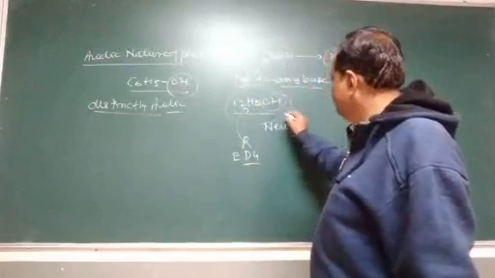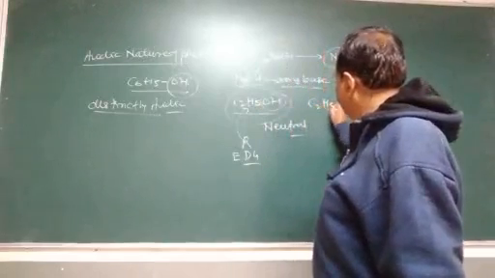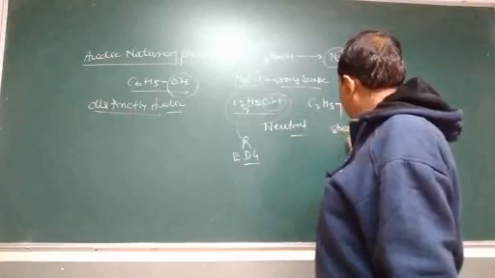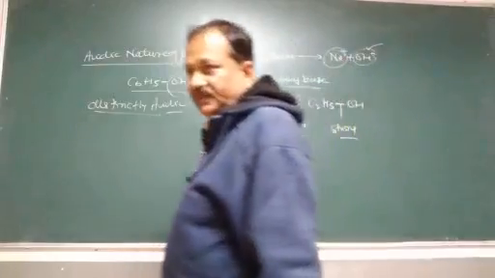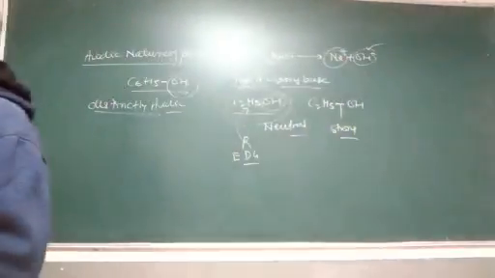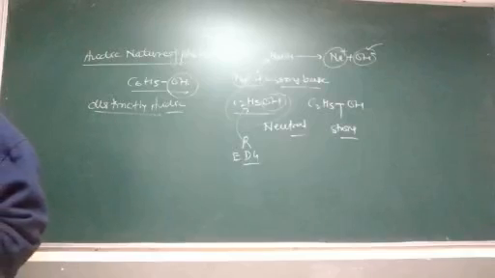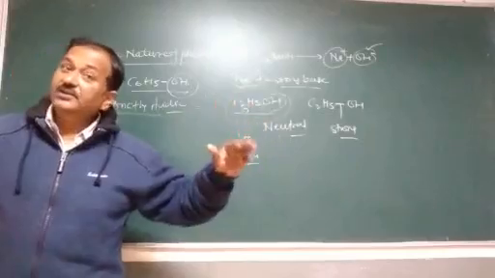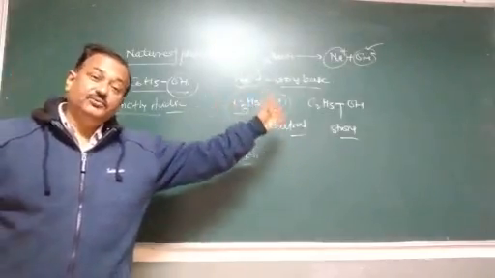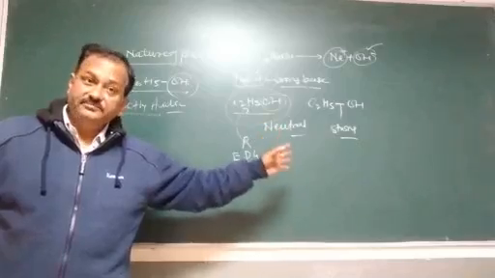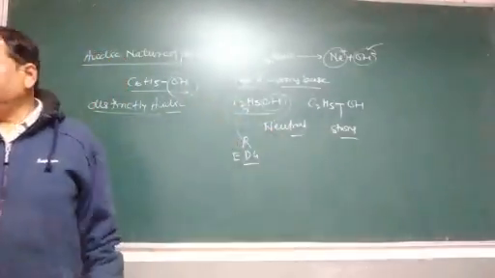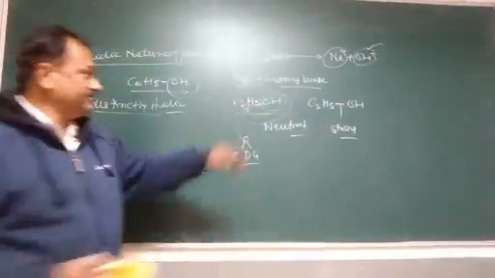The bond between this carbon and OH is strong, and as a result, it is unable to be polarized. It is unable to lose the OH as such under normal conditions. I am referring to normal conditions. That's why alcohol is neutral in nature.